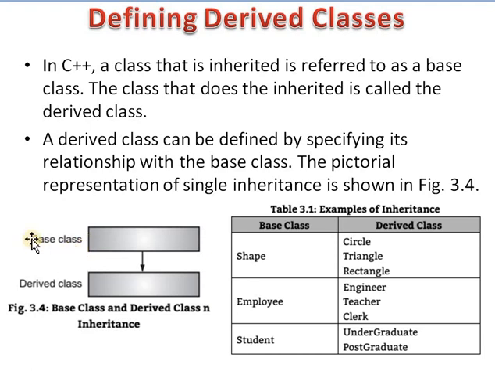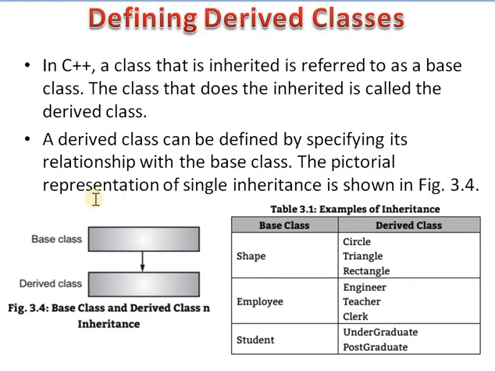Base class means parent class. This is also called a super class. And there is another class, that is a derived class. Derived class means one which inherits the properties of the base class. The derived class we also call a subclass or a child class, and the derived class can be defined by specifying its relationship with the base class.